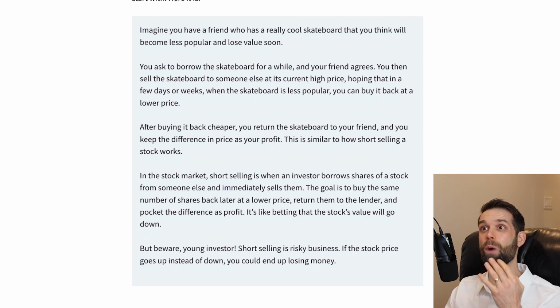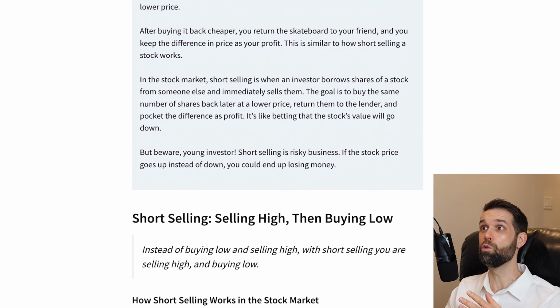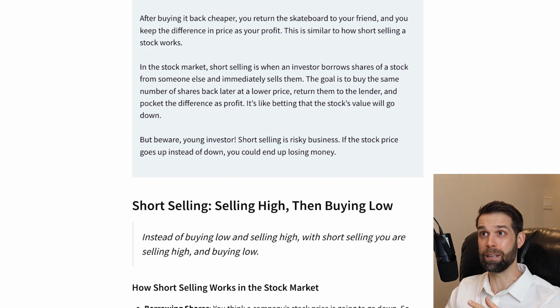You ask to borrow the skateboard for a while and your friend agrees. You then sell the skateboard to someone else at its current high price, hoping that in a few days or weeks, when the skateboard is less popular, you can buy it back at a lower price. After buying it back cheaper, you return the skateboard to your friend, and you keep the difference in price as your profit. This is similar to how short selling a stock works.